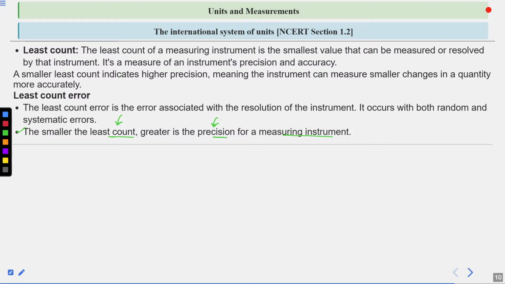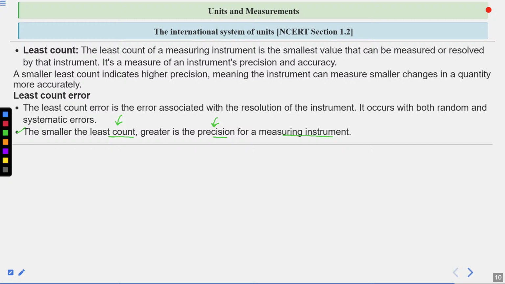Any doubt related to system of units or least count and least count error? Precision refers to the consistency or repeatability of measurements.